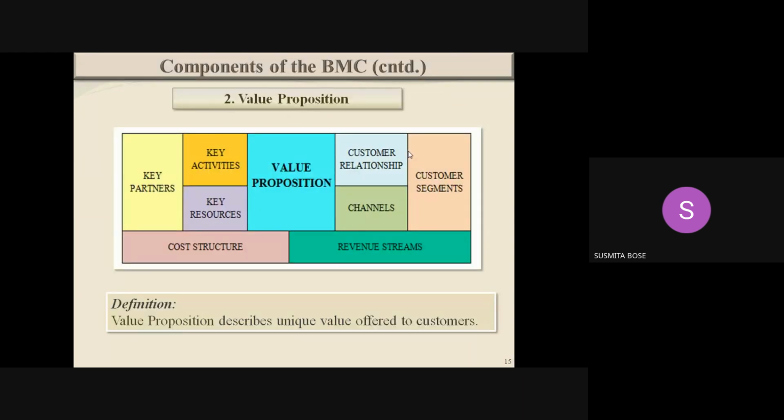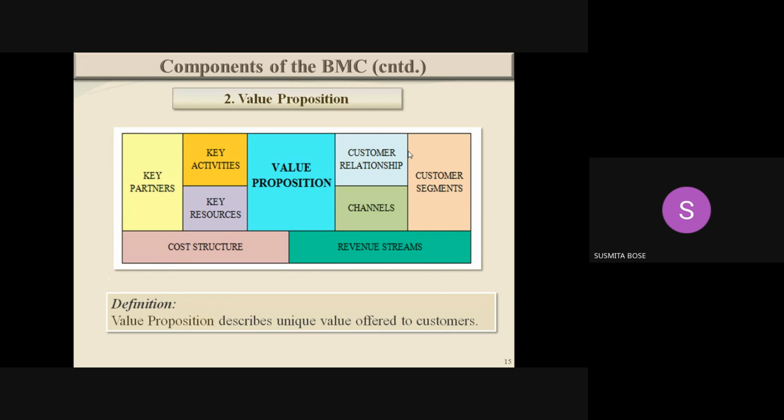Next is value proposition. This is the most important block of the total Business Model Canvas. Value proposition describes the unique value offered to customers. Customers will come to you because you are offering something unique, and that is giving you an edge over your competitors.